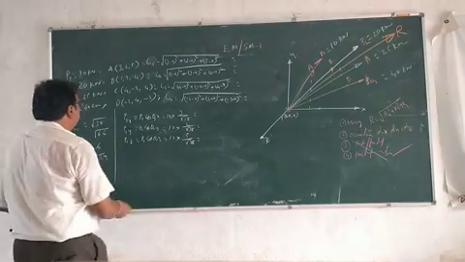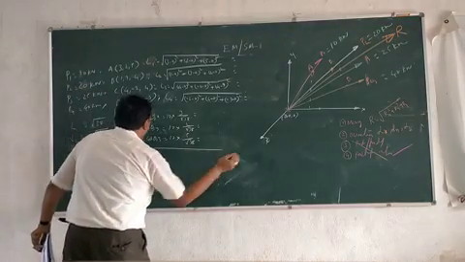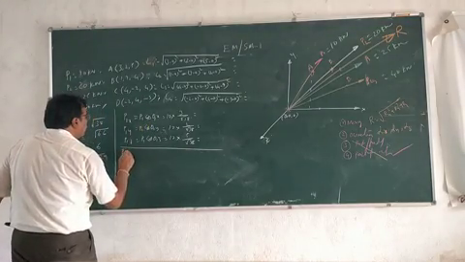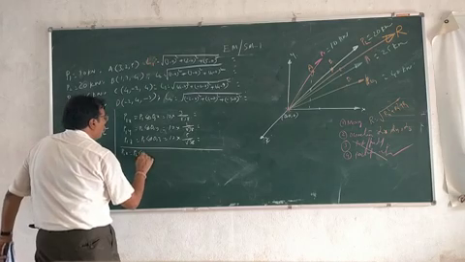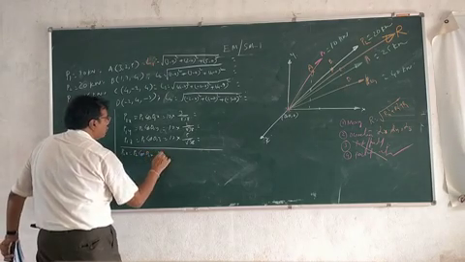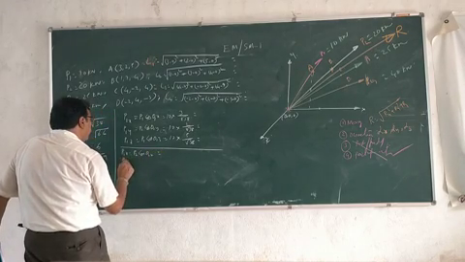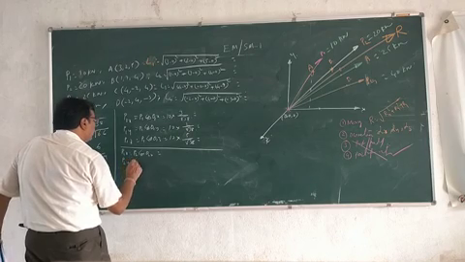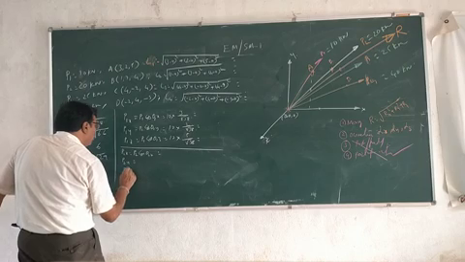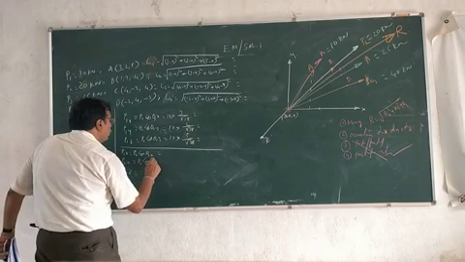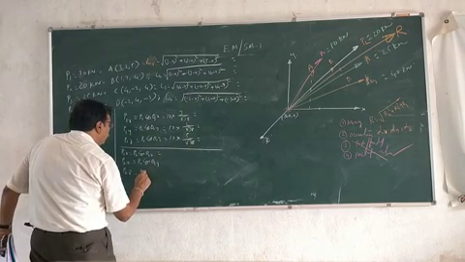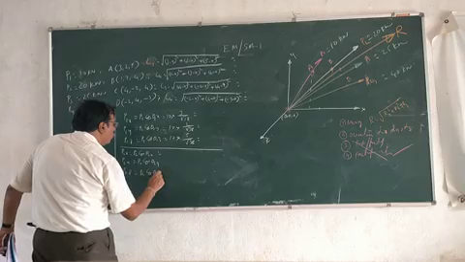Next, P2x is equal to P2 cos theta 2x, P2y is P2 cos theta 2y, P2z is P2 cos theta 2z.